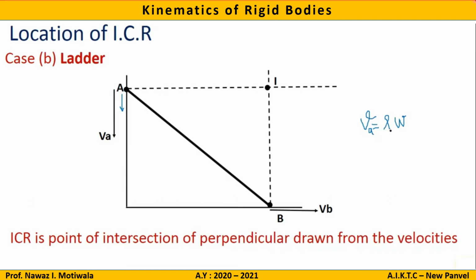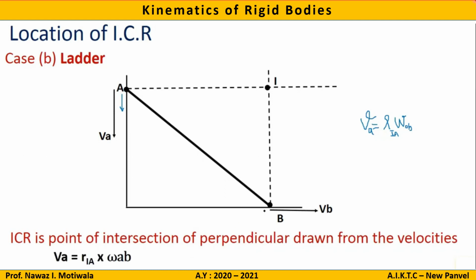Hence instead of R, I can write RIA. And omega, as it is a body AB, I can simply write omega AB. So this becomes my formula to calculate velocity at point A. So I will write down here VA is equal to RIA multiplied by omega AB.